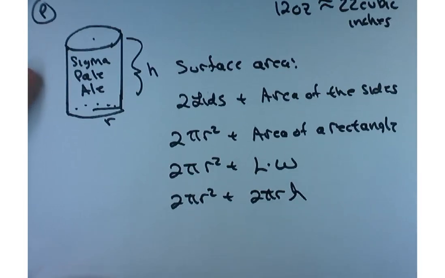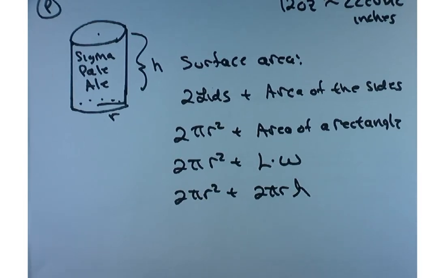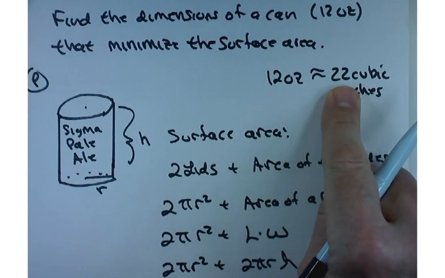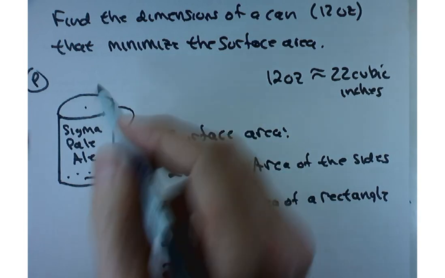And that's looking pretty good, except for one typical problem that we run into a lot of these things. It's got two variables, right? We can only have one variable. But there is something we haven't used yet, and that is that the volume is 22 cubic inches. Now, how do you get the volume of a can?